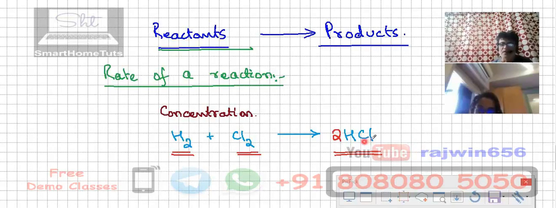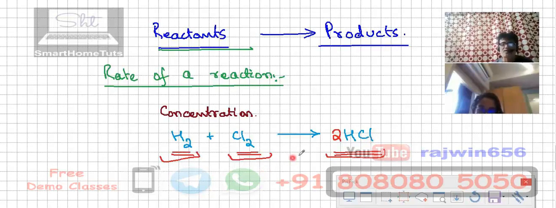Of course, we'll see later the difference between hydrogen chloride gas and hydrochloric acid. Now here, as the chemical reaction is happening, the number of molecules of hydrogen and chlorine will keep on decreasing, and obviously the number of molecules of HCl will keep on increasing.